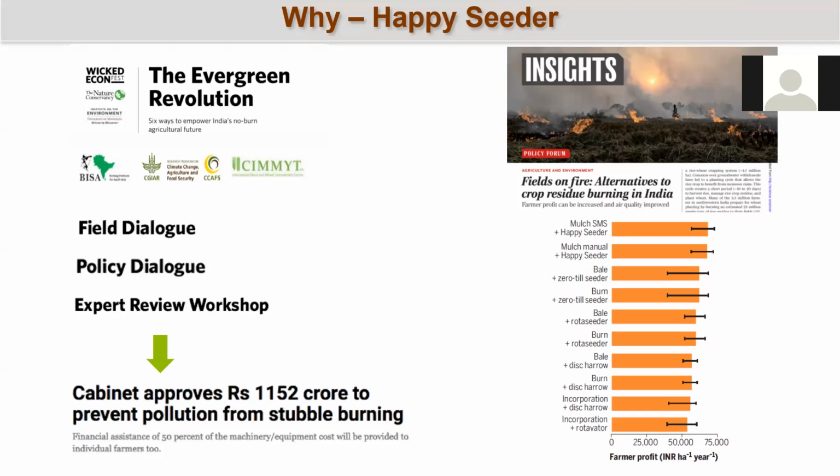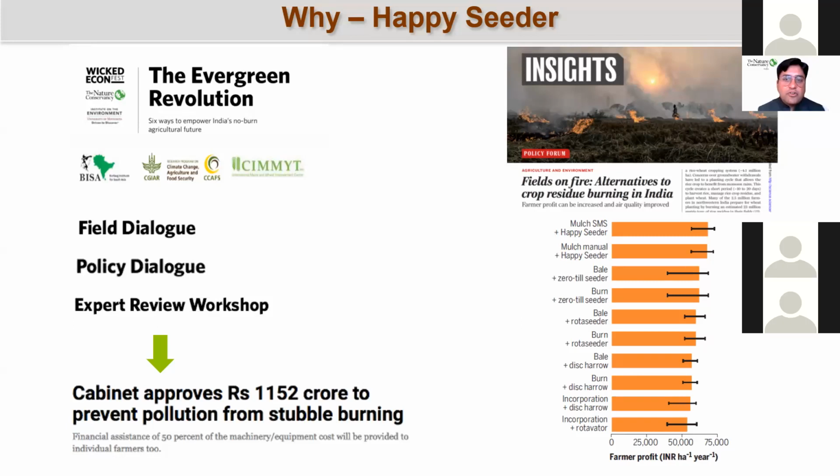TNC's lead economist, along with 25 to 30 institutions, worked on an analysis comparing 10 different technologies for controlling crop residue burning. Amongst all the techniques, Super SMS, used with combines for harvesting, along with Happy Seeder, is the most scalable and profitable option for the farmer.